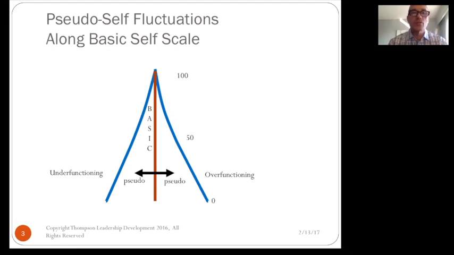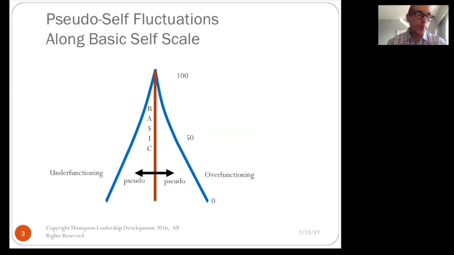But here's the basic idea: pseudo-self fluctuates along the basic self scale. So the less basic self you have, the more your pseudo-self fluctuates. You could fluctuate between being a blamer and a self-blamer. You could fluctuate between being domineering and passive.